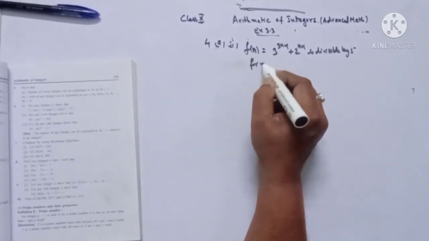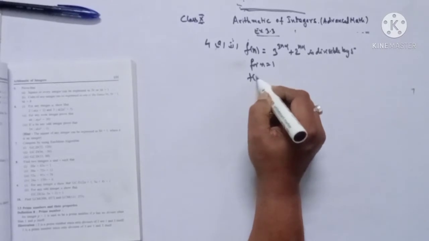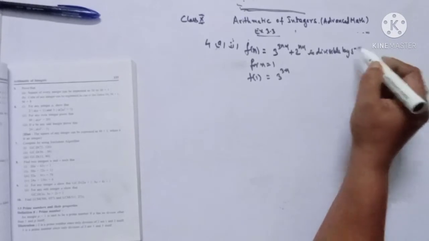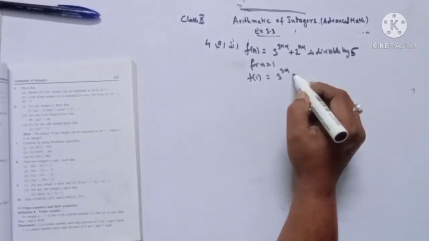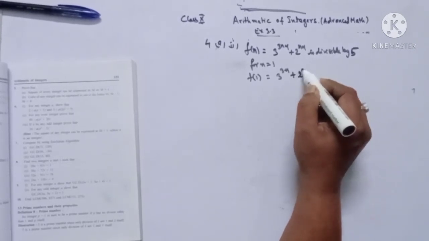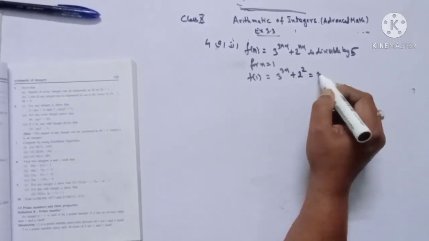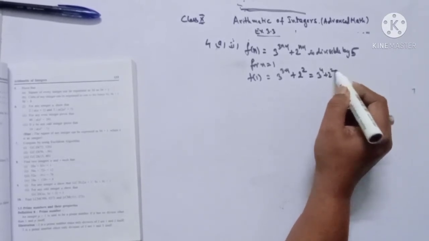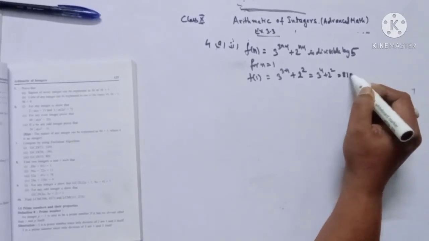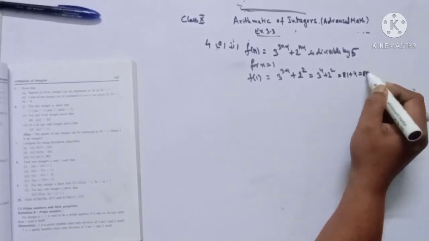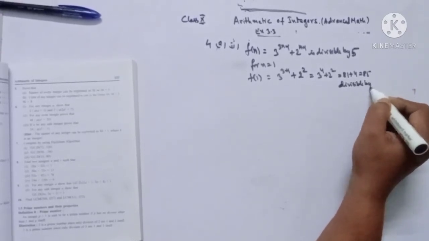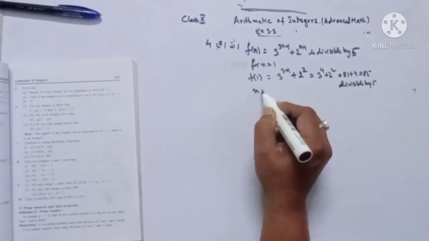For n equal to 1, that is f1, that is 3 to the power of 3 plus 1 plus 2 to the power of 2. So this becomes 3 to the power of 4 plus 2 to the power of 2, that is 81 plus 4, that is equal to 85, and this is divisible by 5.